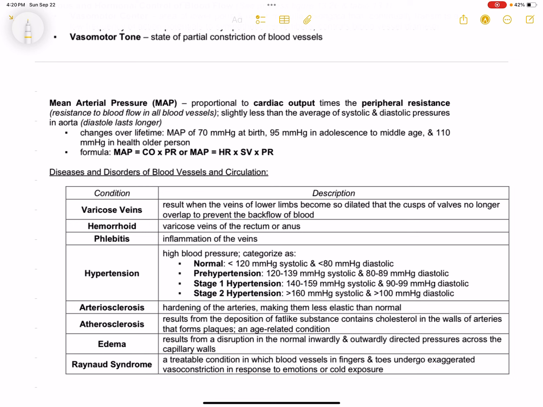The MAP changes over time: 70 mmHg at birth, 95 mmHg from adolescence to middle age, and 110 mmHg in a healthy older person. So our formula for the mean arterial pressure is cardiac output times pulse rate, or heart rate times stroke volume times pulse rate. Okay, so it is just multiplication.